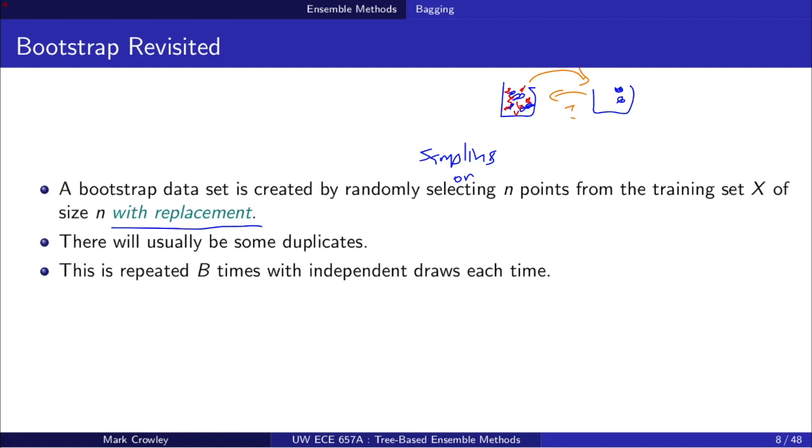And sometimes that's going to add bias, but it actually can be useful because then you're always sampling from the exact same data set every time. So we're going to use this, even though sometimes we're going to get duplicates. It means that everything can be completely independent, because the data is not affected by your previous draws.